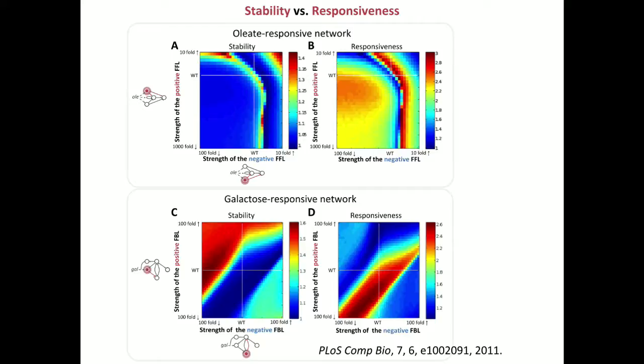However, in the galactose network, it's not stable at all. It's highly, highly responsive in the wild type, and if you move away from it, nothing much happens. In other words, if you move down in this parameter space, you don't sacrifice responsiveness.